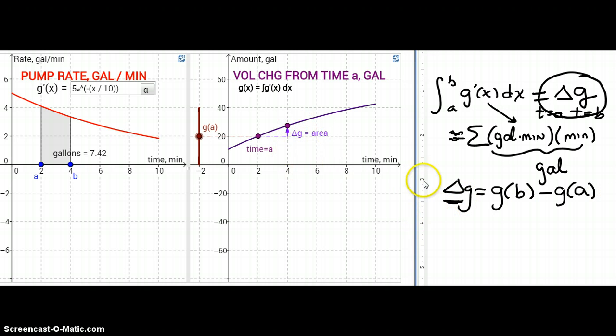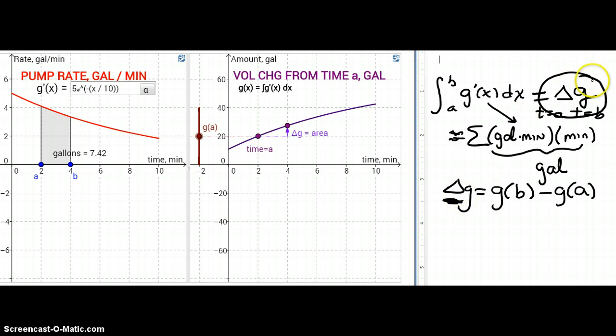So the number of gallons at time B, which is 4, is this Y value. And the number of gallons at time A, which is 2, is this Y value, which is 20 in this case. The difference is 7.42, and that is delta G.